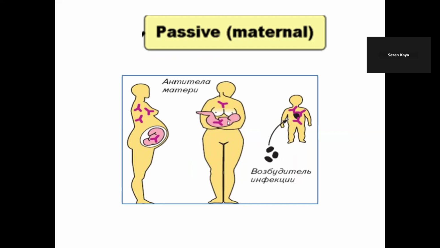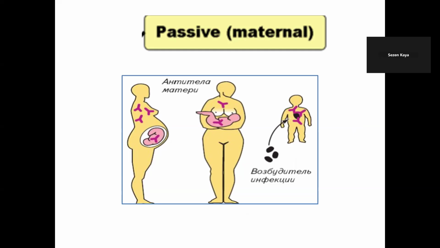Passive maternal immune system, as I told you before, works from the mother's body during pregnancy to the fetus, or during lactation. It works in the following way. A fetus is protected by the mother's immune system as long as it stays a fetus. After birth, these immunoglobulins in the baby's body continue working for 3 months after birth.